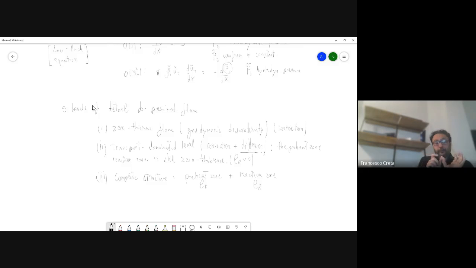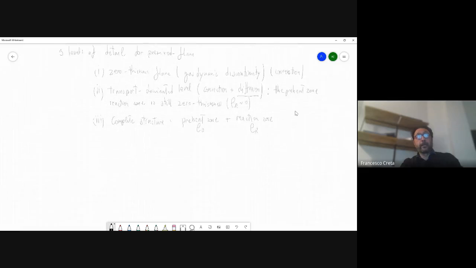And when the temperature is high enough, the reaction will take place. So it's downstream of the preheat zone. We're going to see all of this in detail right now.